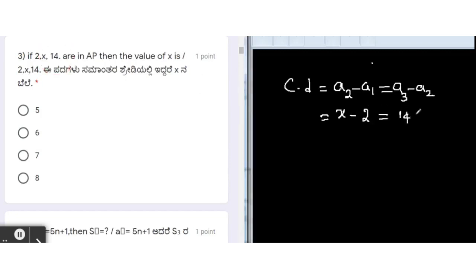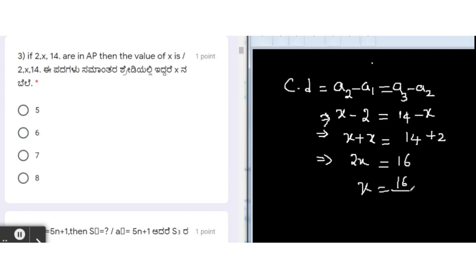Clearly we can see a3 as 14 and a2 as x, the second term. So we will bring all x together. Minus x moves to the other side and becomes plus x. 14 minus 2 is 12... x plus x is 2x, which is nothing but 16. X is equal to 16 by 2. So the value of x is 8. The correct option here is D, 8.